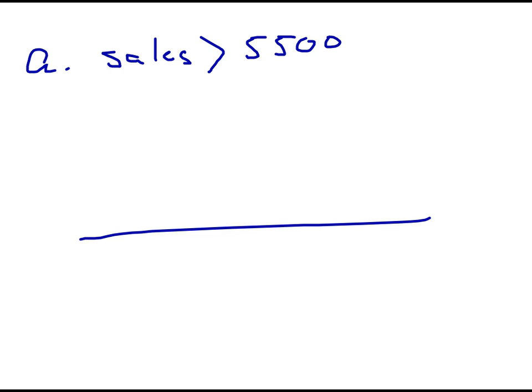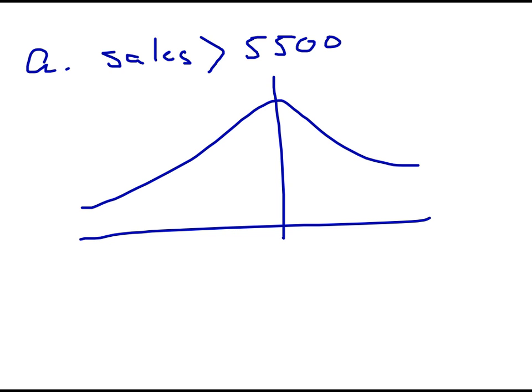Okay, let's tackle the first one. A, we want to know the probability that sales will be greater than 5,500. So let's draw this out. We know that our mean is 4,700, and our standard deviation is 500.